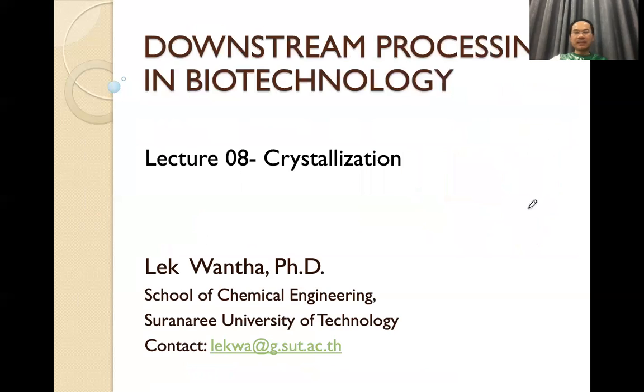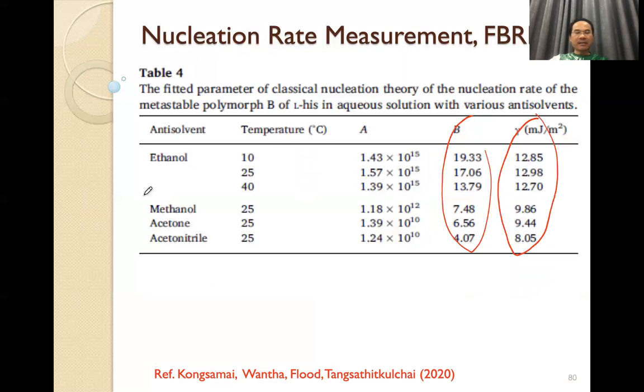For this case, the interfacial energy with ethanol is higher than with methanol and acetone. That means ethanol is difficult to nucleate when compared to methanol and acetone. For this case, acetone can induce nucleation better, with a higher nucleation rate.